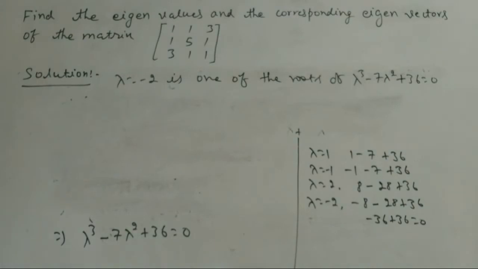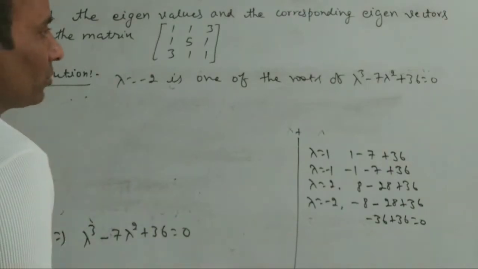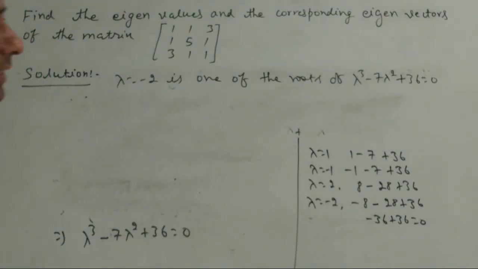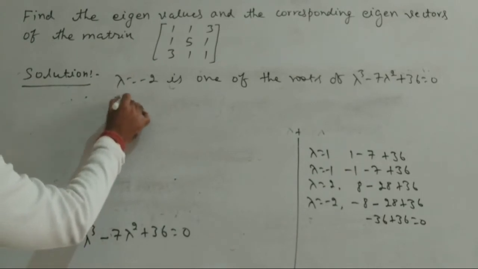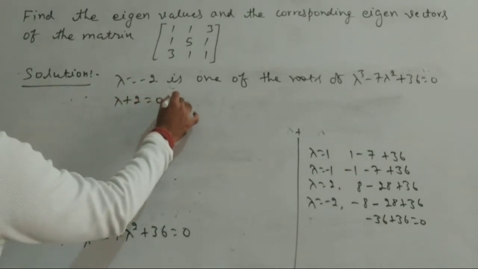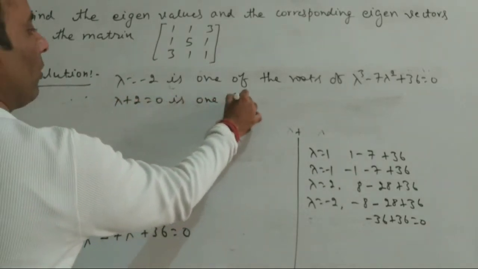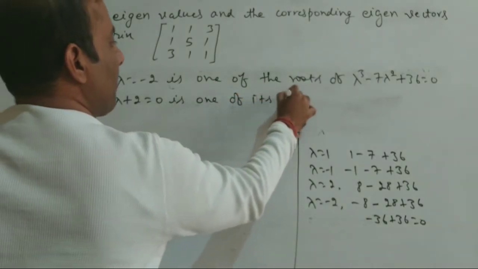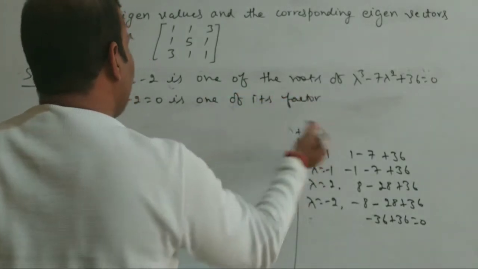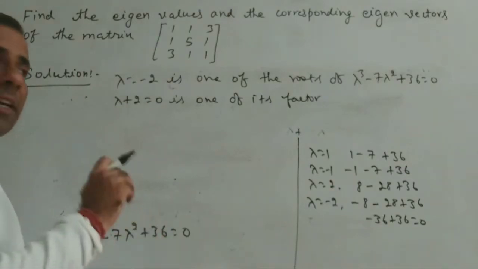Clear? One root is lambda equals minus 2. So now we have to find the other roots. It means lambda plus 2 equals 0 is one of its factors.